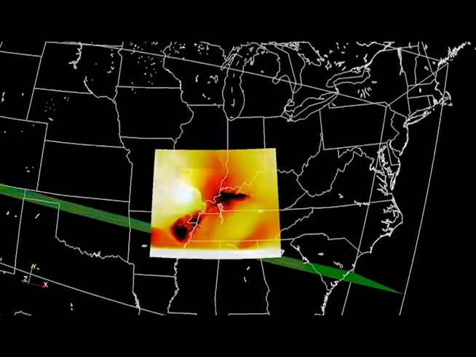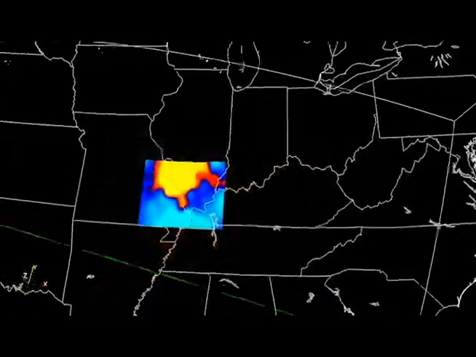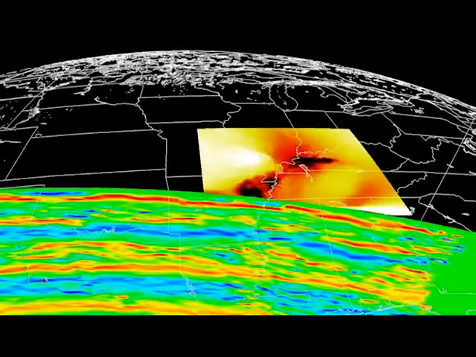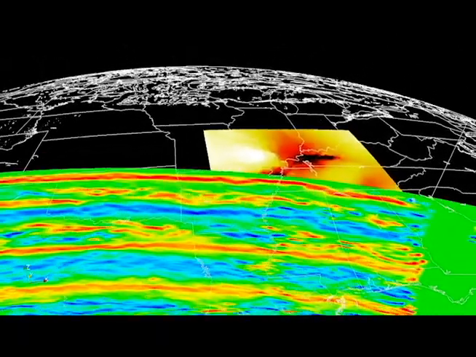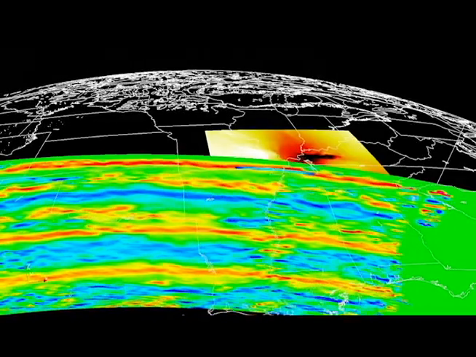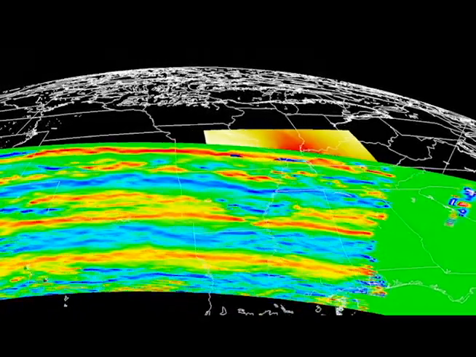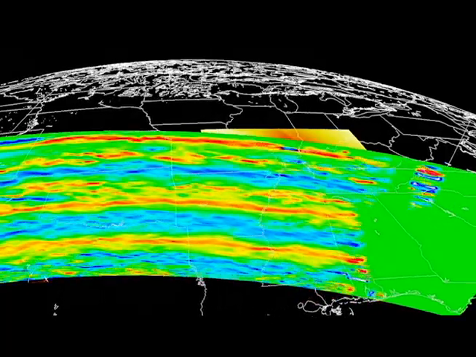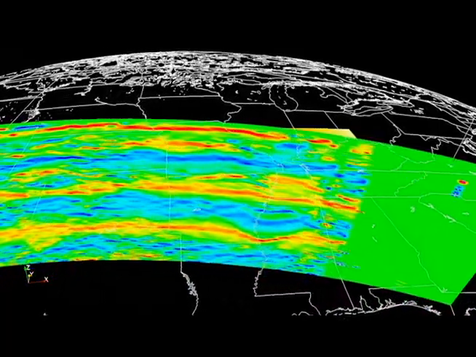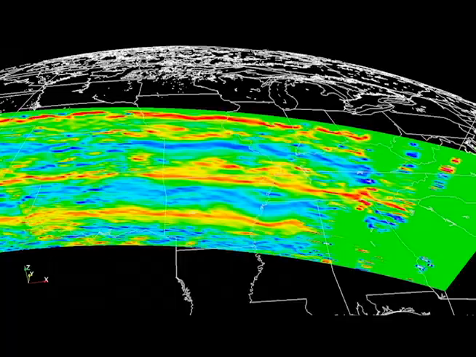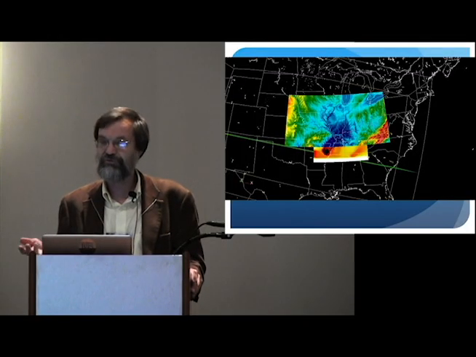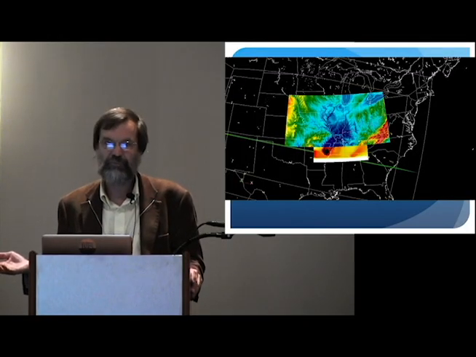So what we're looking at here, this is the 410, and this is the 660. It's this feature here, which I used to think was nothing but a multiple until I applied this multiple removal procedure. But it doesn't go away when the crust, which is associated with it, largely goes away.